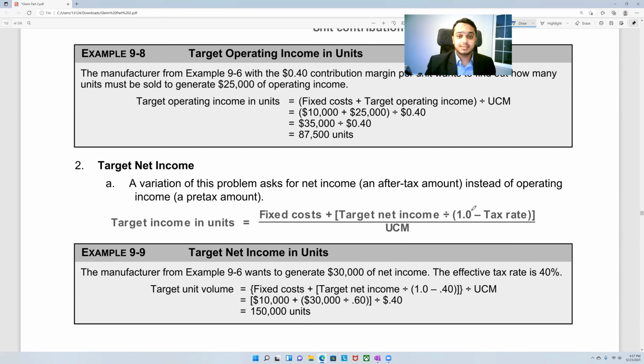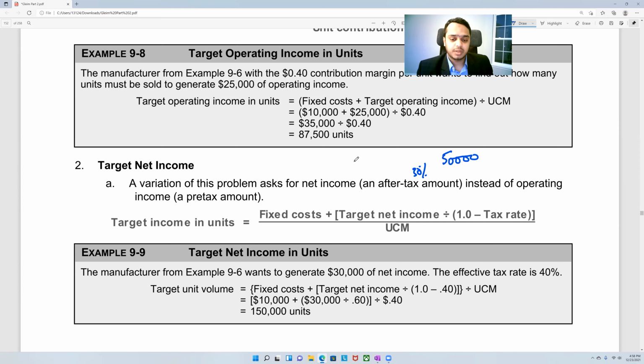Say you wanted a profit of 50,000, but that needs to be after tax of 30%. Let me just do it. You wanted a target profit of 50,000, but that should be after deduction of 30% tax. How will you do it?